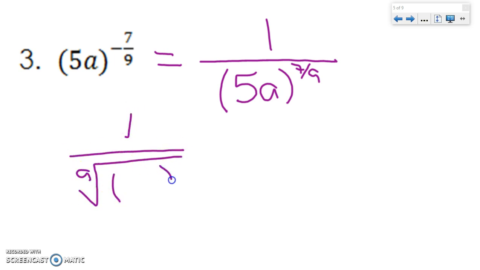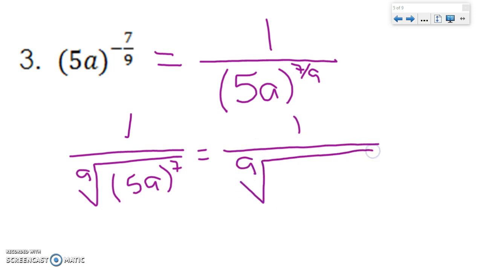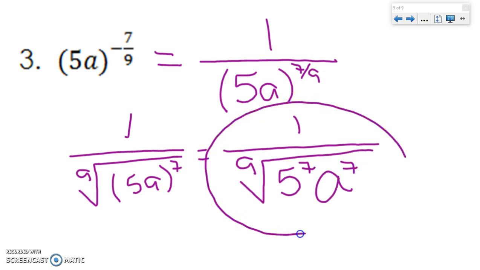And I have the entire piece, 5a, with the exponent of 7. I'm going to take that one step further and say that this is the 9th root of 5 to the power of 7, a to the power of 7. And I'm going to leave it at that because 5 to the 7th power is a very large number, and I don't want to deal with that.